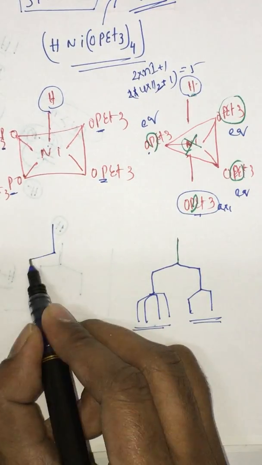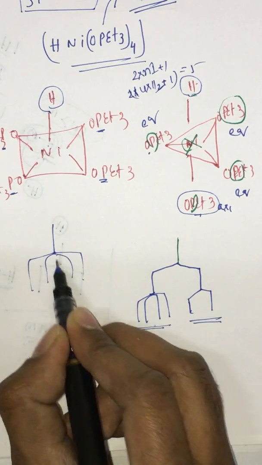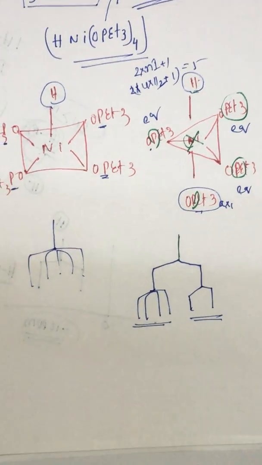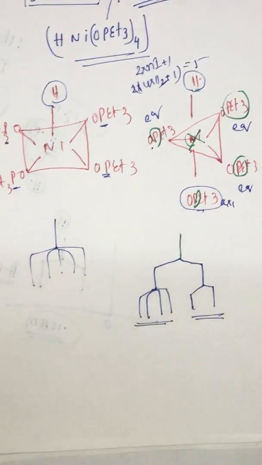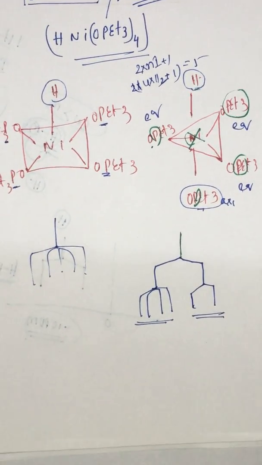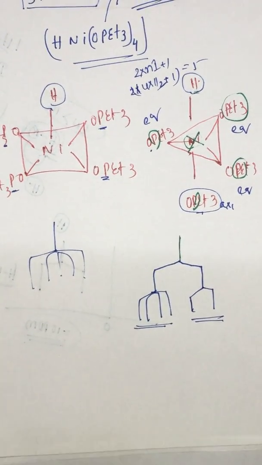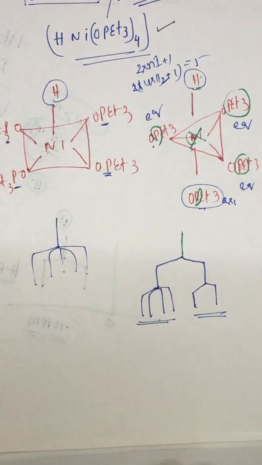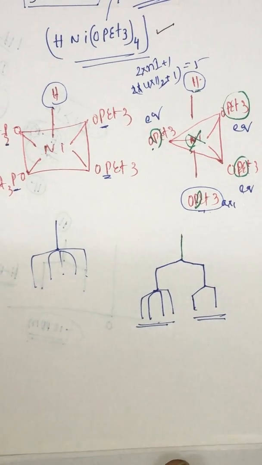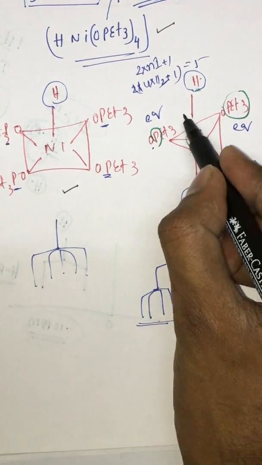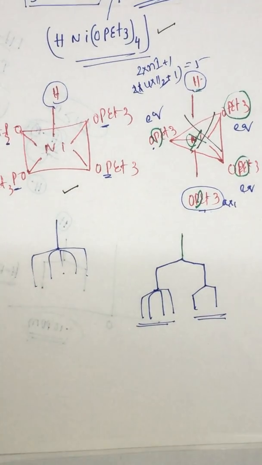So this further splits into 5 lines. From here we can conclude that this complex HNi[P(OEt)3]4 will exist as a square pyramidal, not as a trigonal bipyramidal.